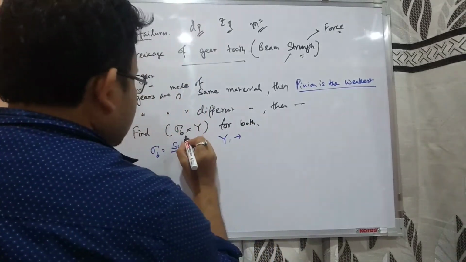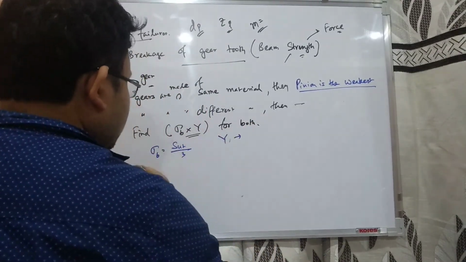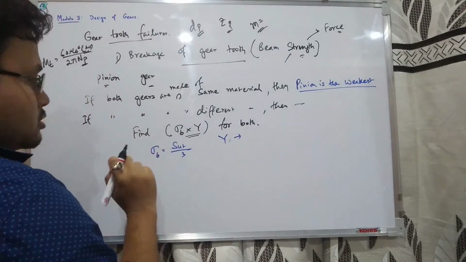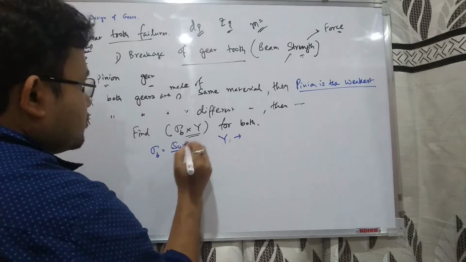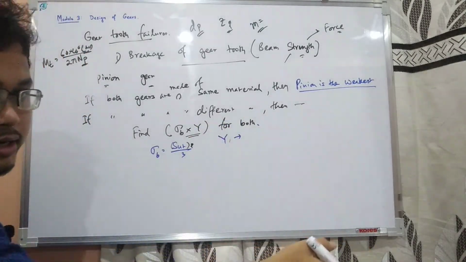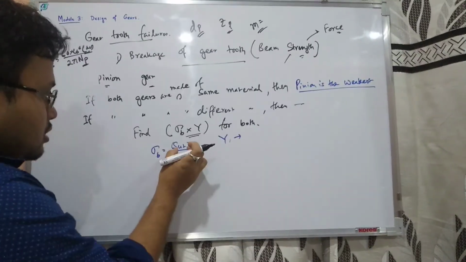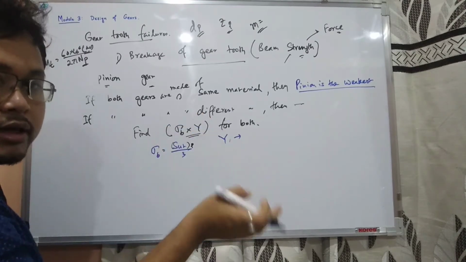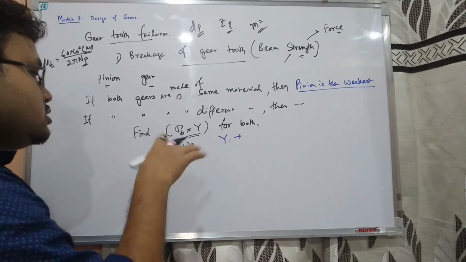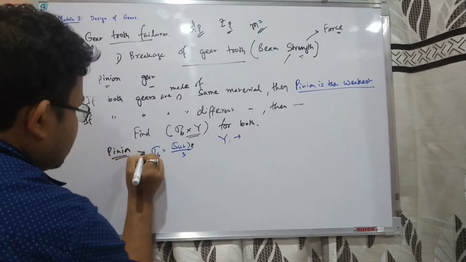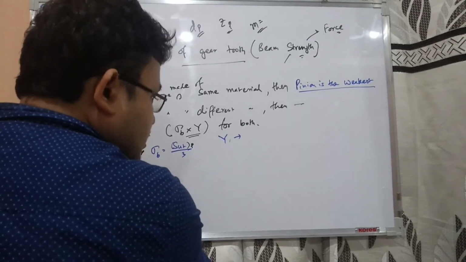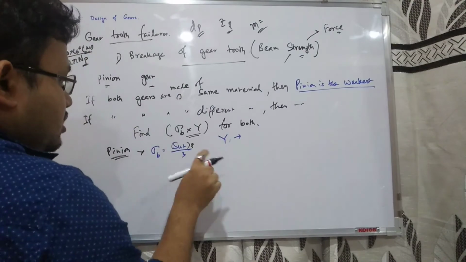That means sigma B into Y for the pinion. Sigma B will be same. Oh, sorry, they will be different, because they are made of different material. So the pinion's ultimate tensile strength will be different, and the gear's ultimate tensile strength is also different. So this is for the pinion: sigma B equals SUT by 3, the ultimate tensile strength for the pinion divided by 3.